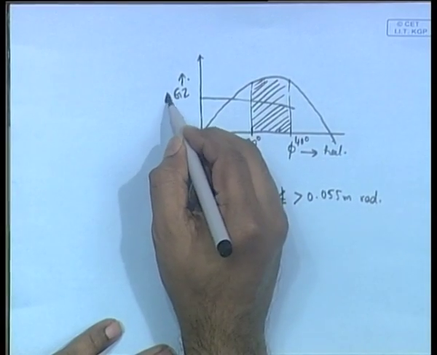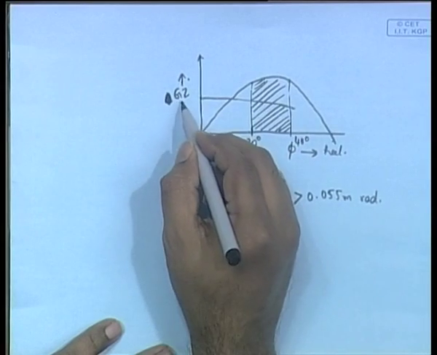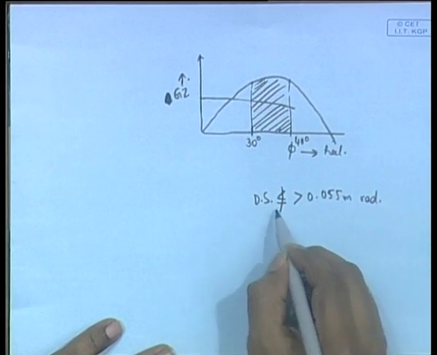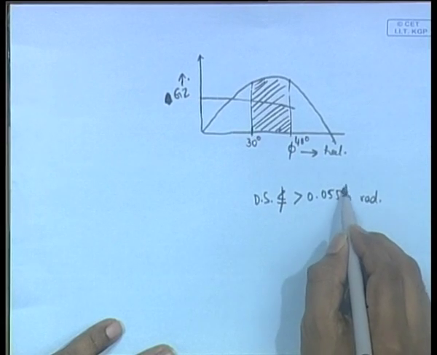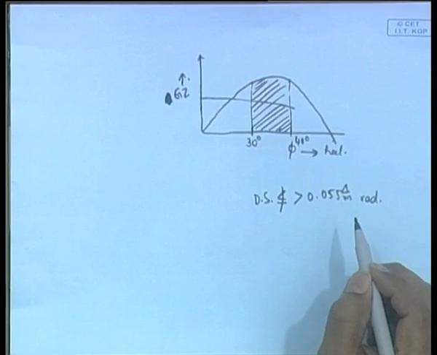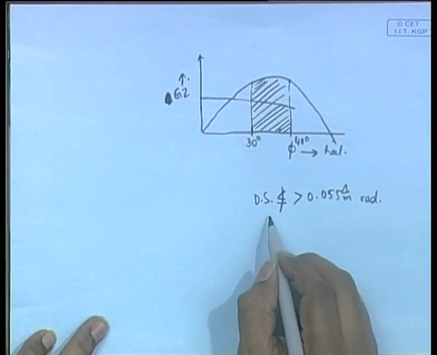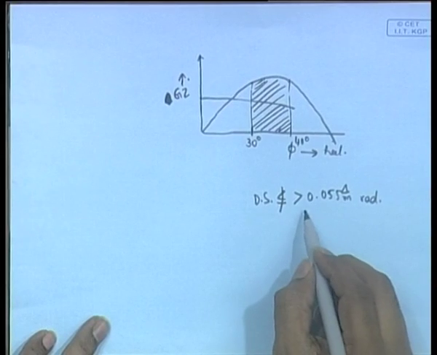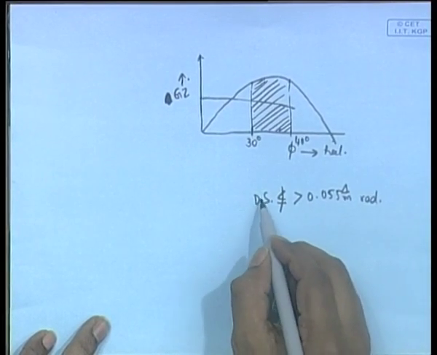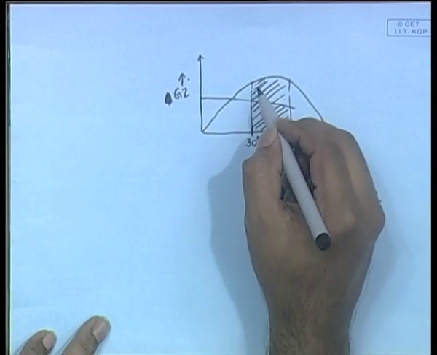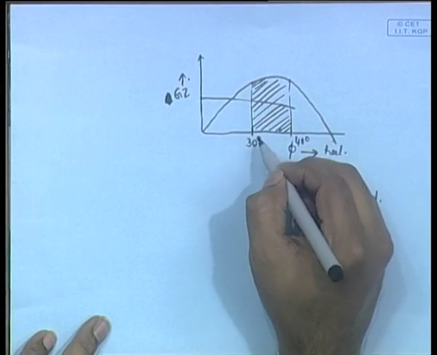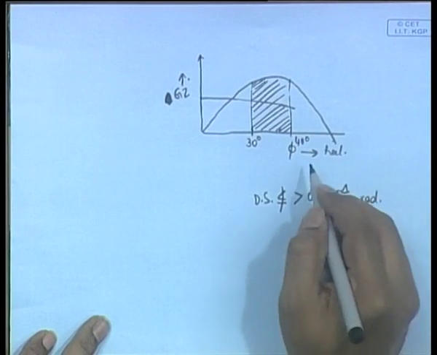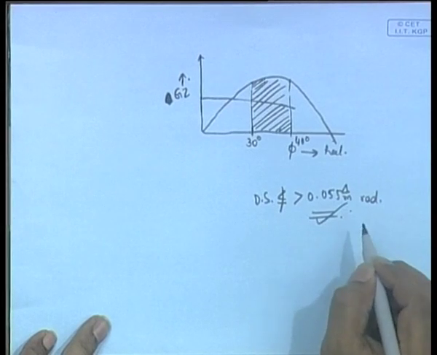This is in terms of the GZ curve, because meter comes from GZ and radians comes from phi. Dynamic stability would be 0.055 delta, where delta is the weight of the ship. So the area under the GZ curve between 30 degrees and 40 degrees should never be less than 0.055 meter radians. That is the first rule associated with the passenger ships.